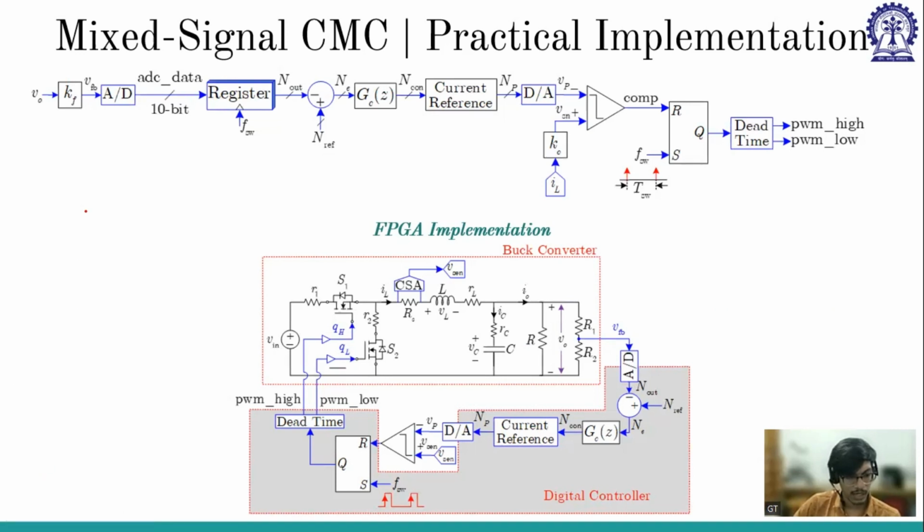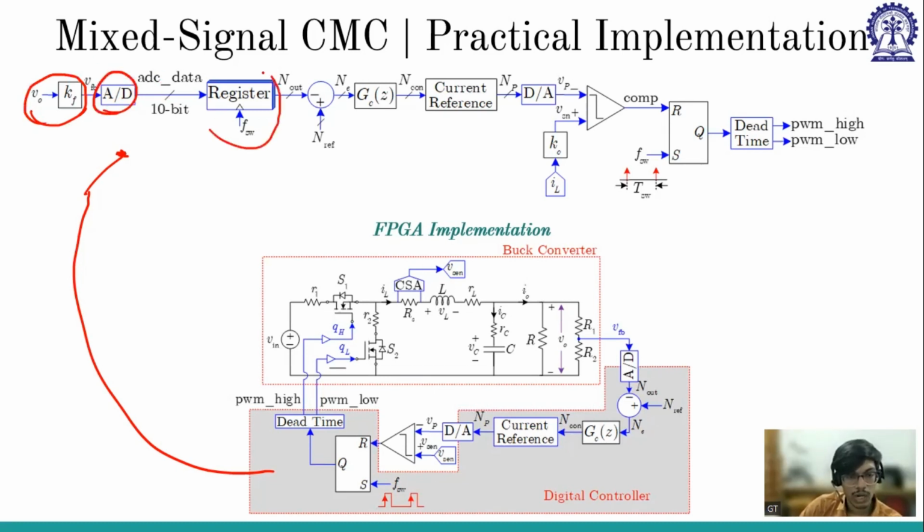So the same thing written in a different format. So V0 with the gain giving rise to V feedback, and analog to digital converter, ADC data going into that register, or it is just the same thing, giving N out and subtracted from the N reference, giving rise to N error.